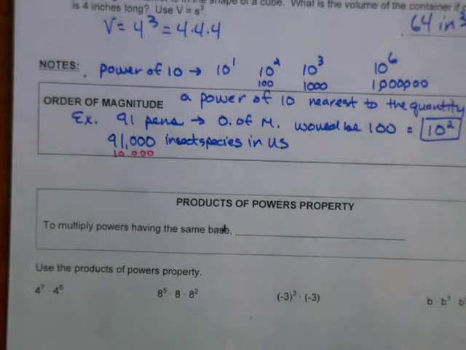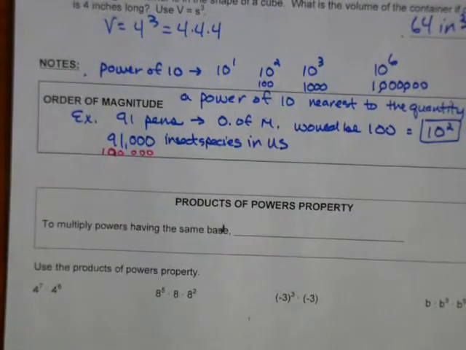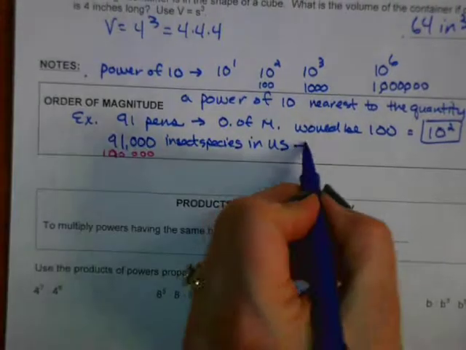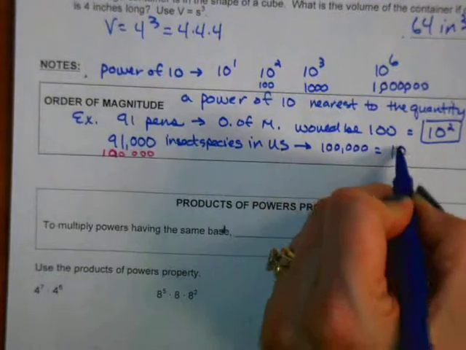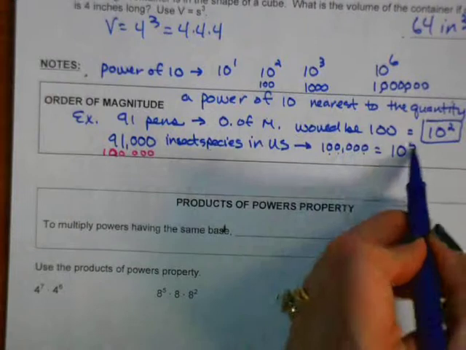What's it closer to, 10,000 or 100,000? So I got to round it up to 100,000 and write that as a power of 10. How many zeros? 1, 2, 3, 4, 5. 10 to the 5.